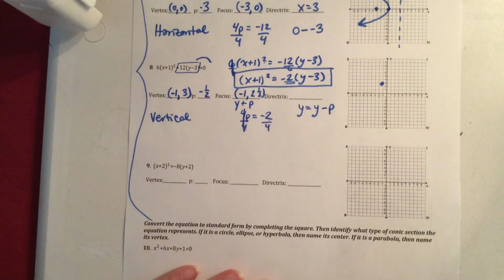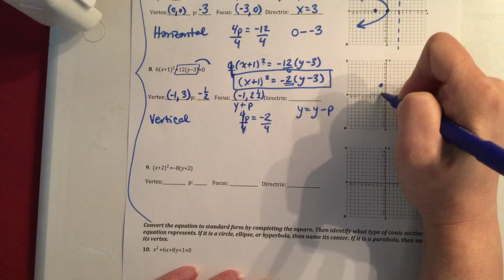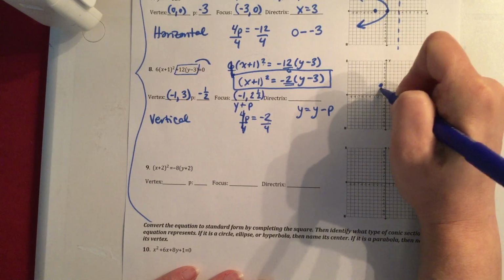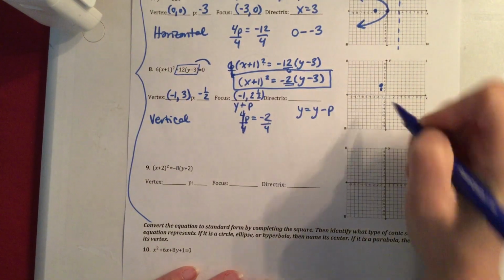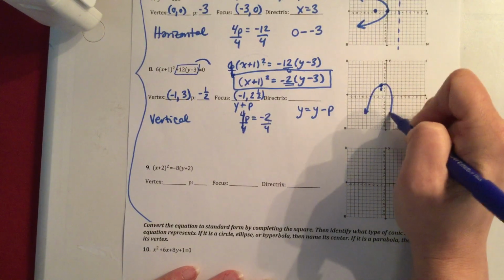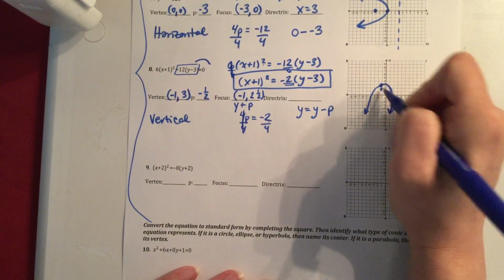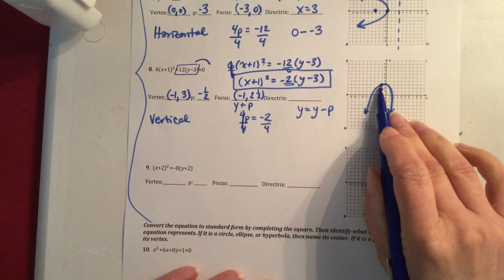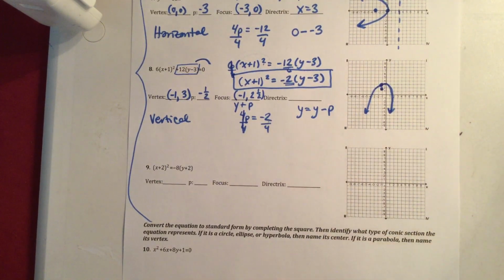I'm just minusing 1/2. So I go to the left one, up 2.5. Okay, so your focus is right there. So right now, you guys, if you wanted to, you could do this. Okay, mine was not very centered, sorry about that. But I have my vertex and I have the focus underneath. I can see that it's opening down.